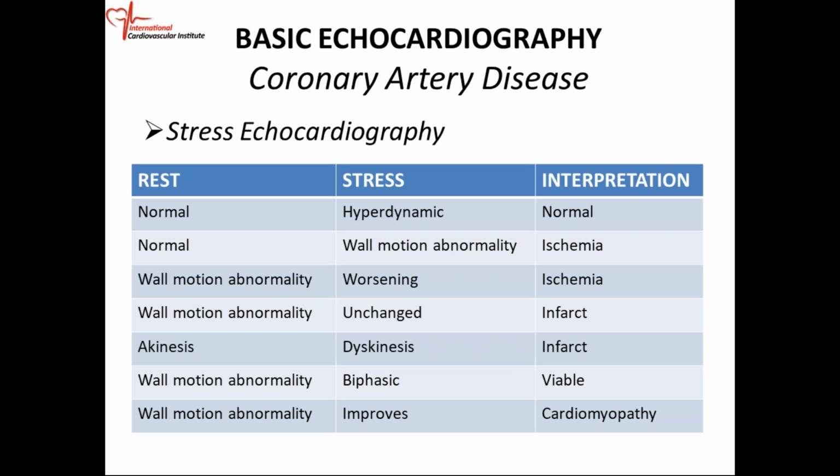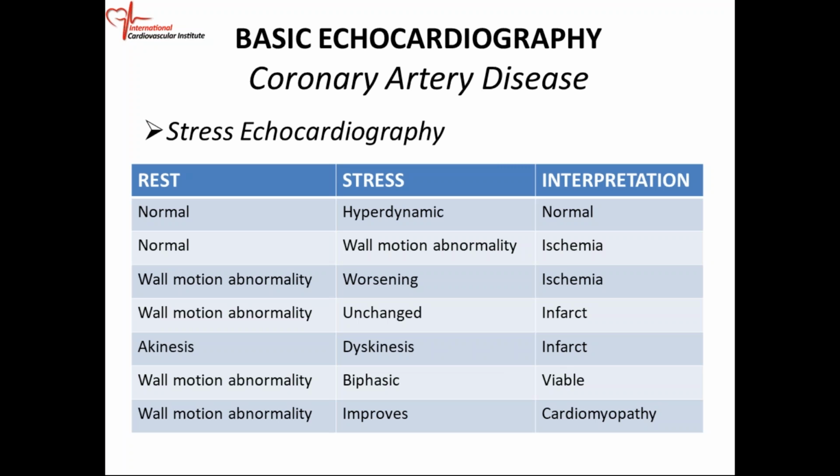If you do your dobutamine stress echo and at rest everything looks normal, at low dose the ejection fraction increases a little bit. At peak it increases a lot, and then at recovery the ejection fraction reduces a little bit. That's a normal response.